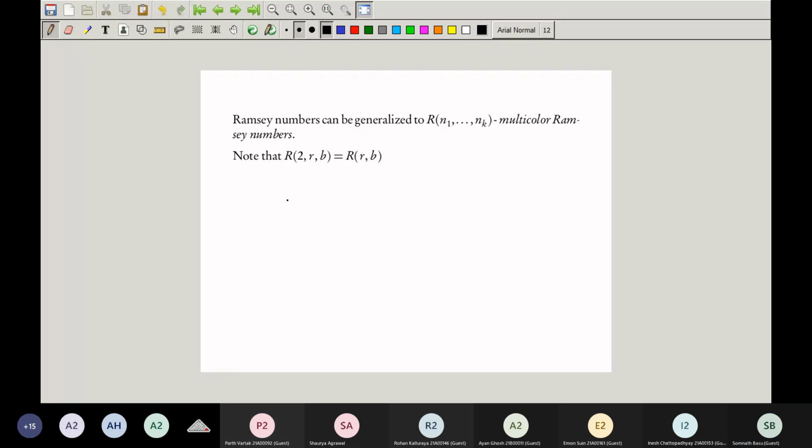So having a 2 is as good as not having anything. We saw that last time as well: R(2, k) was simply k. In the same line, R(2, R, B) is nothing but R(R, B), because either you have a green edge, in which case you're done, or there is no green edge, all the edges are red or blue, and you are asking for a K_R in red or a K_B in blue. But that's precisely what this is designed to do, right?